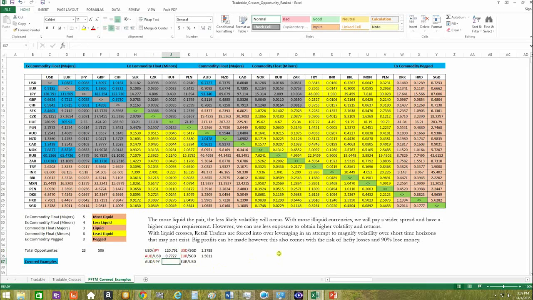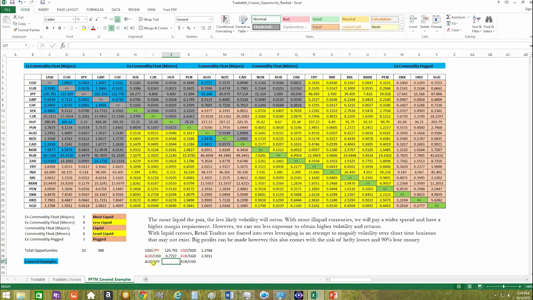Now in this situation, we have the currency on the left that we're trying to work out, and the currency on the right expressed in terms of this.